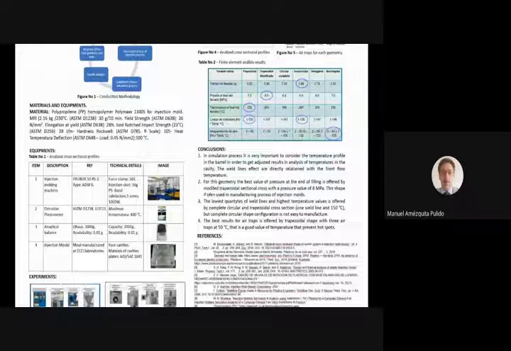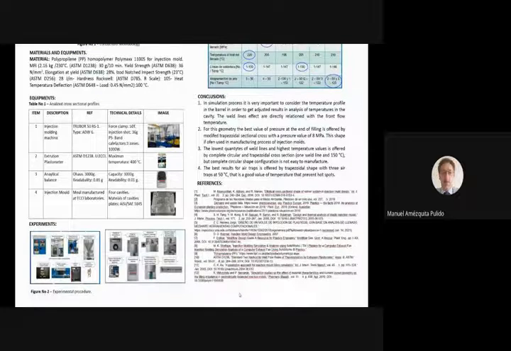We also used an extrusion plastometer according to ASTM D1238 standard. This equipment was manufactured at the university. Maximum temperature of operation 400 degrees. Third, analytical balance, and a multi-cavity injection mold of two plates that offers the best conditions for this study.